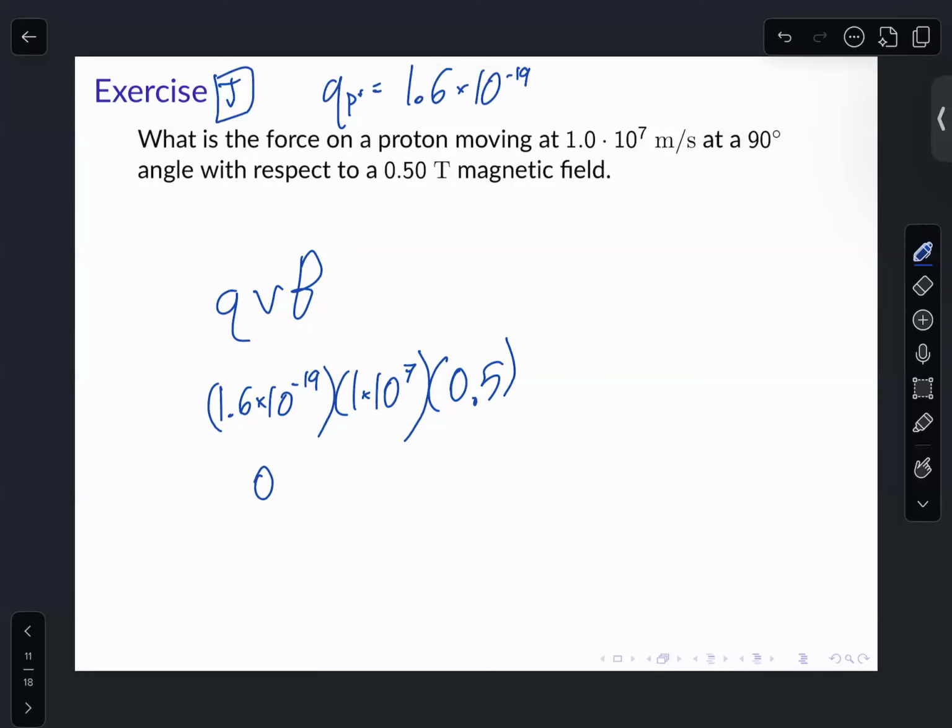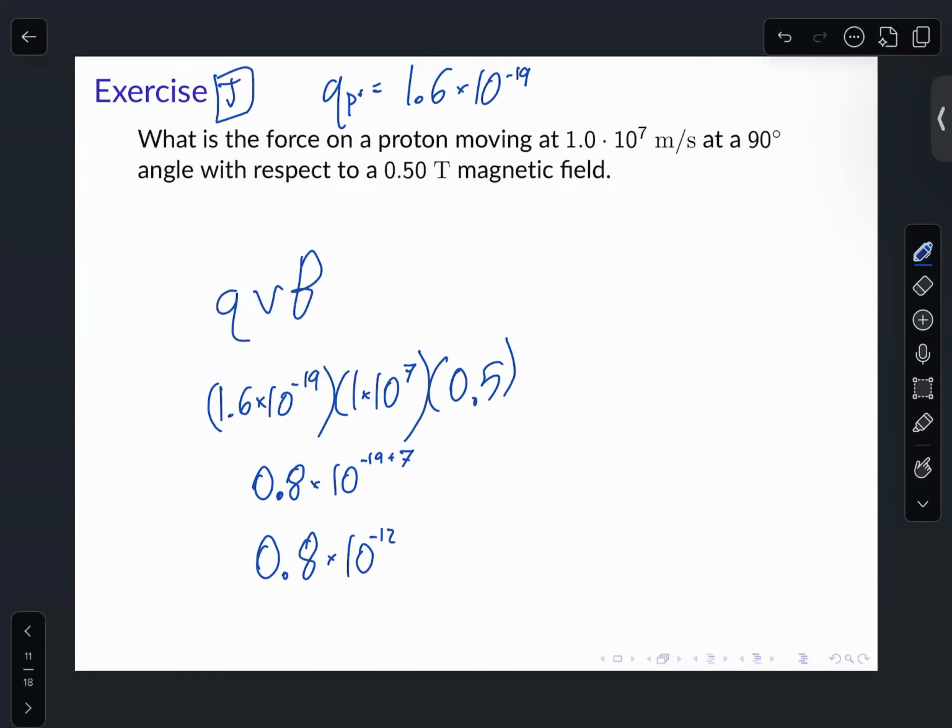Last I checked, half of 16 is 8. And 10 to the powers multiplying each other just adds the exponents. -19 plus 7 is -12. So 0.8 times 10 to the -12.